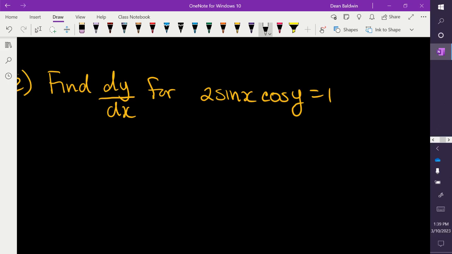All right, is there anything we can do to clean it up a little bit? You can divide the 2 off to the other side. But now we're going to have to use product rule. Are we ready?